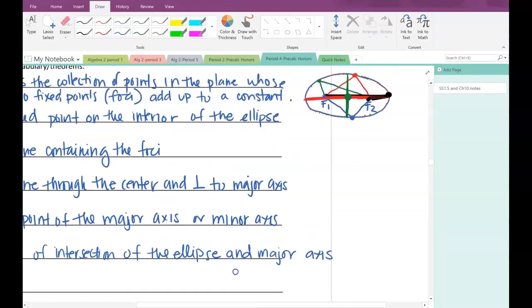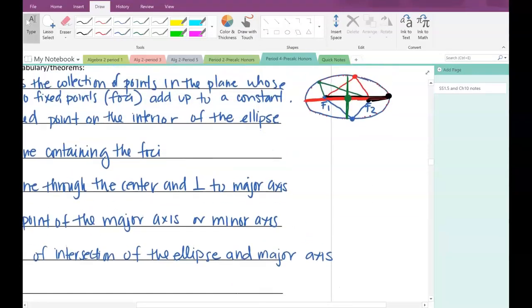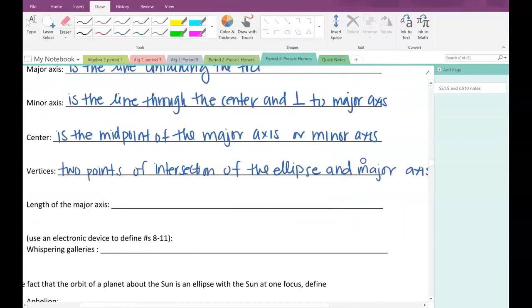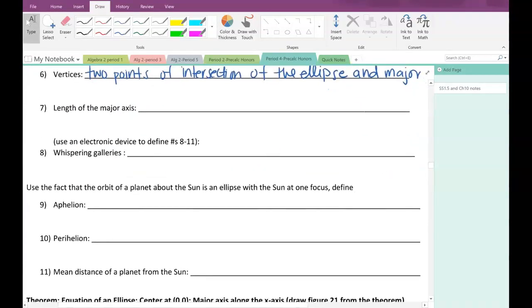So the vertices are the two points of the ellipse, which is the outer, and where the major axis is. So those are vertex 1, vertex 2, together they're called vertices. The length of the major axis is the distance from one vertex to the other vertex.